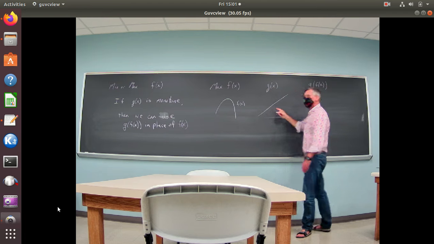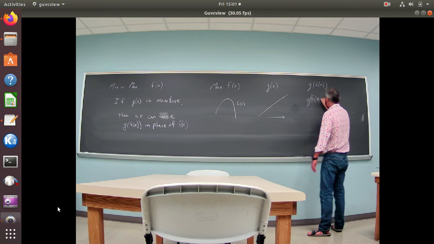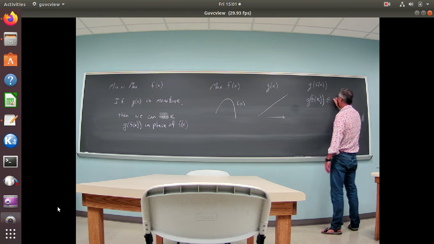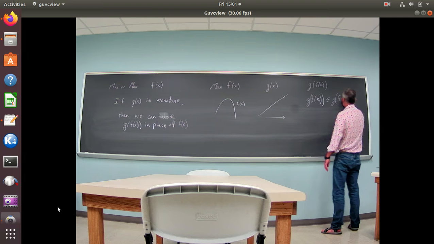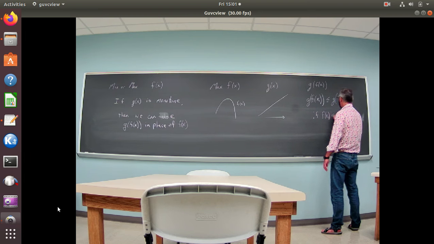Under this situation, what we have is that g of f of x1 is less than or equal to g of f of x2 if f of x1 is less than or equal to f of x2.